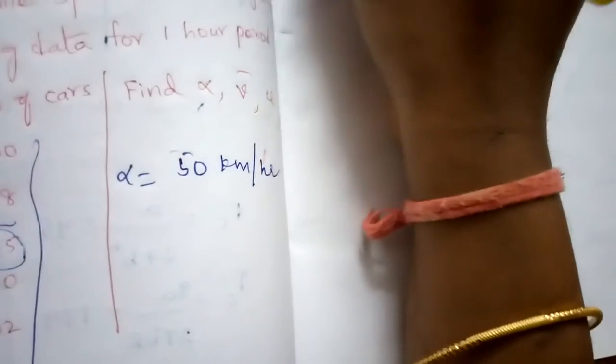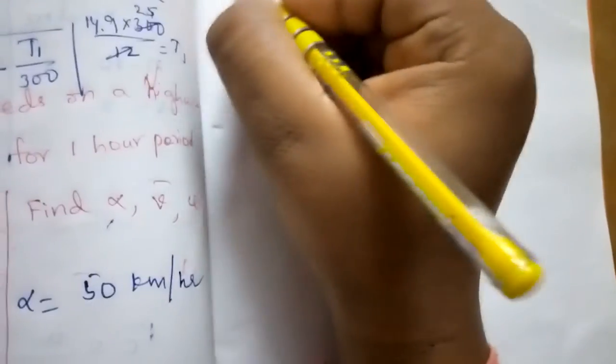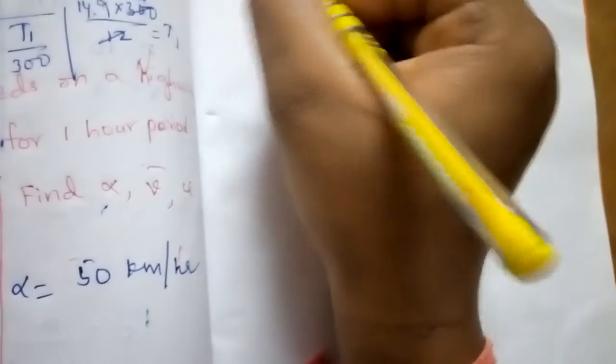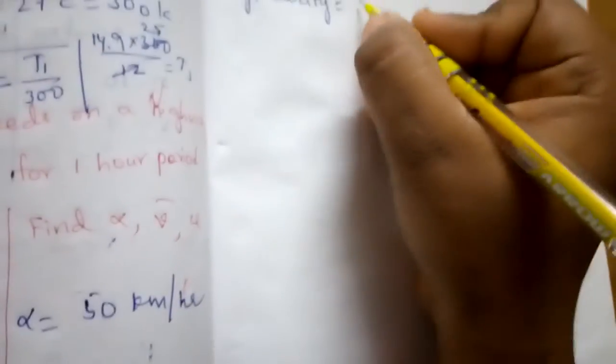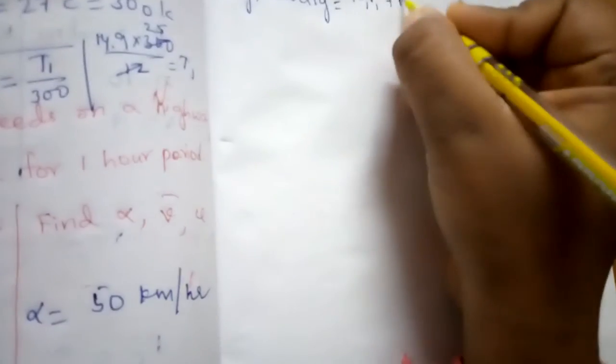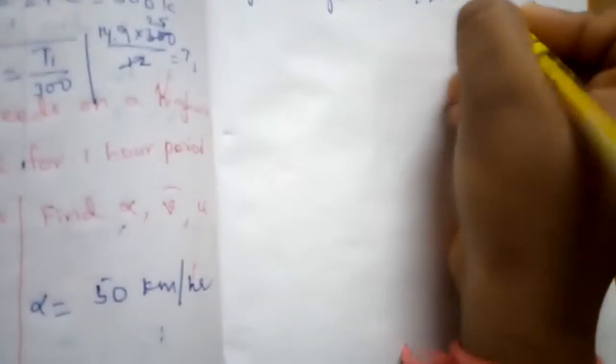And you need to find out the average velocity and the root mean square velocity, and I think you know this formula. What is the average velocity formula? Average velocity equals (n1v1 + n2v2 + so on) by n.